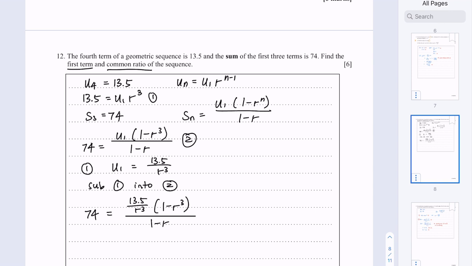We do not need to solve by hand. So now that I have one equation in a single variable, I can use my calculator to help me solve this question. Let's go into our GDCs and actually do that.